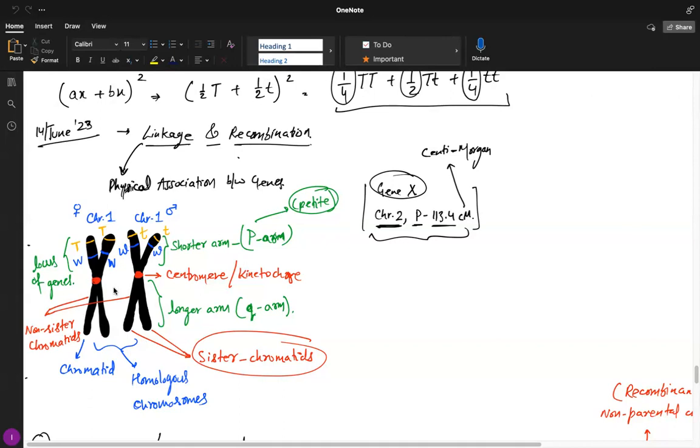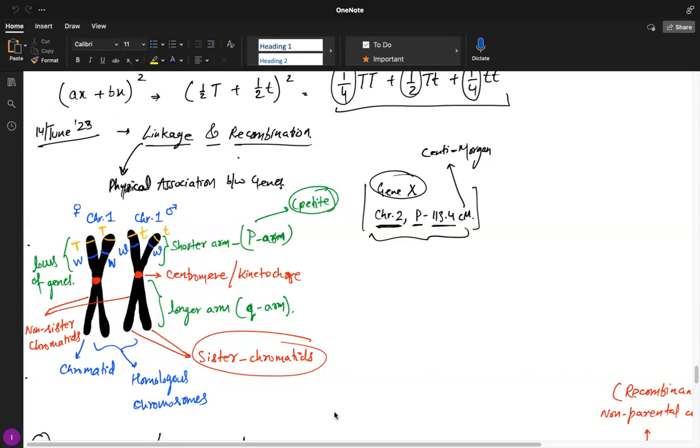So one chromatid from this chromosome, anyone, and the other chromatid from this chromosome, anyone, because each chromosome has two chromatids. If you are taking one chromatid each from each chromosome of a homologous pair, that is called non-sister chromatids. And if you are taking both chromatids from the same chromosome, that's called sister chromatids.